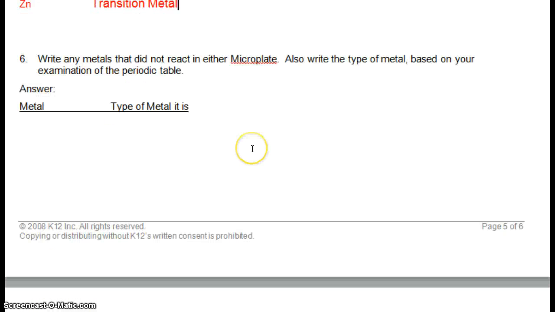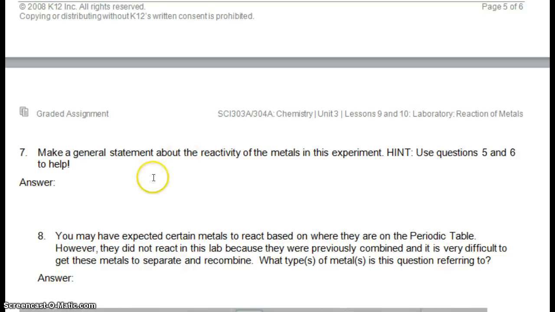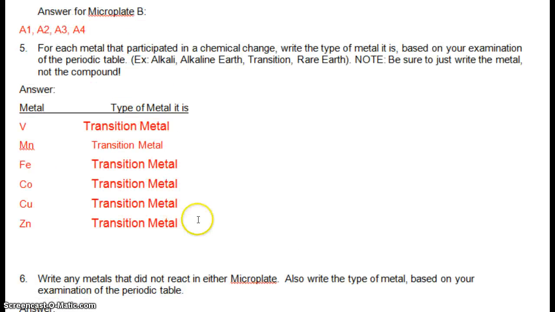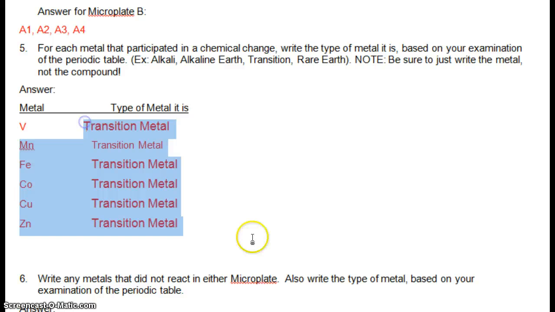So let's jump down here and look at this. Make a general statement about the reactivity of the metals in this experiment. Hint, use questions 5 and 6 to help. So what would we say is the general reactivity of our transition metals?